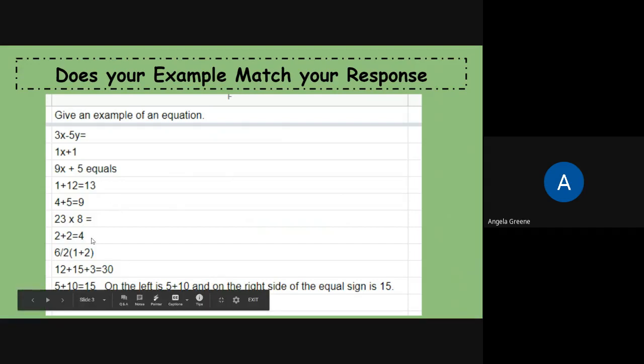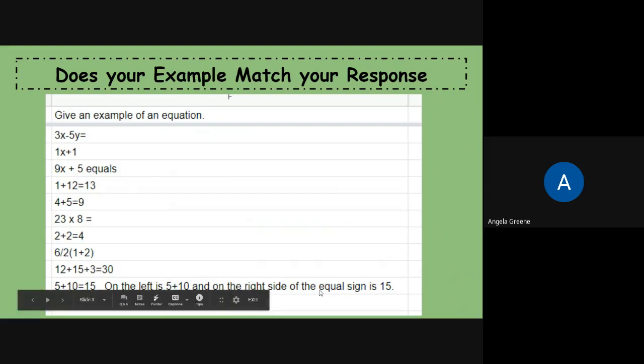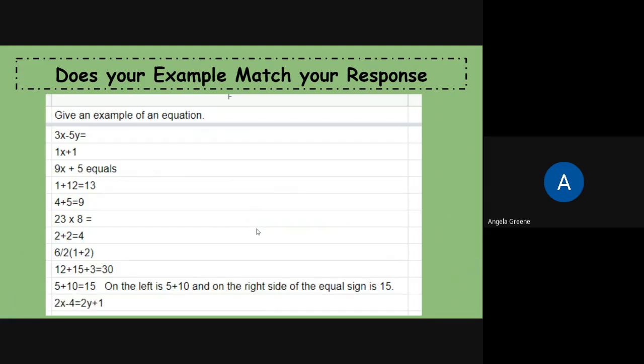Out of all of these examples here, which one most fits the definition of an equation? Well, notice how we said it is between two expressions and it has to have an equals. If you look at this last one here, 2x minus 4y equals 2y plus 1, notice how we have two expressions separated by an equals.